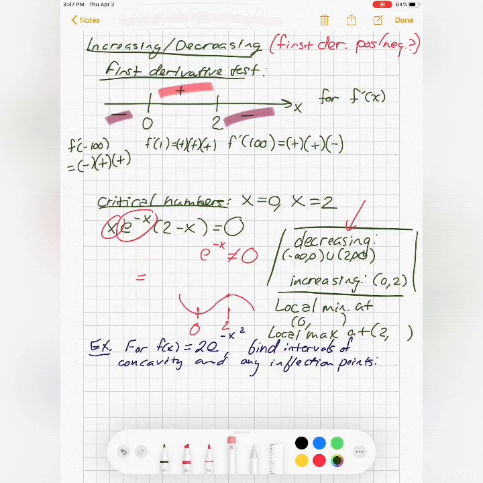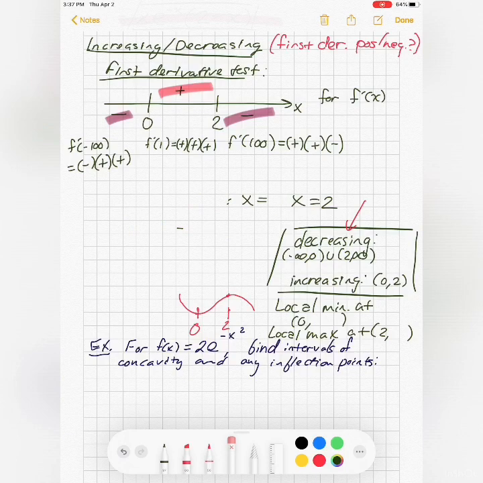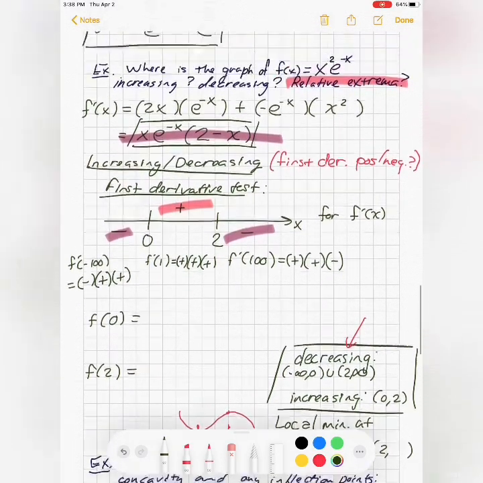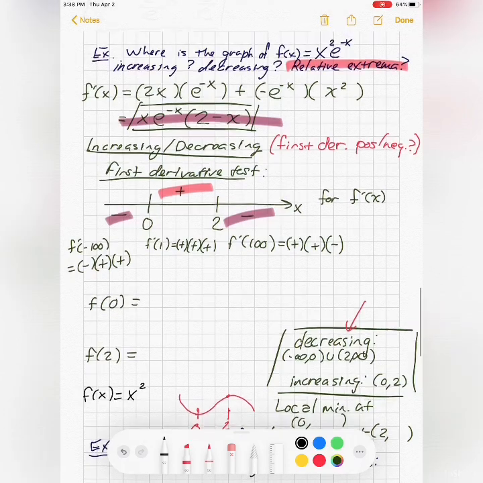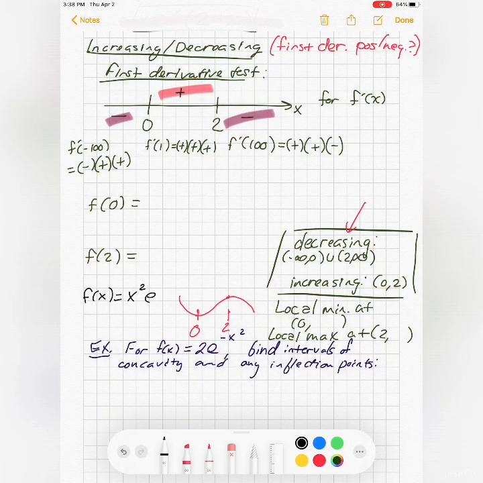Okay, and then I'll use the space. Let me just see what the corresponding y values would be. So remember, for that, I have to find what is f of 0 and what is f of 2. So where is my original function? Let me write that down here. That function was x squared e to the negative x.